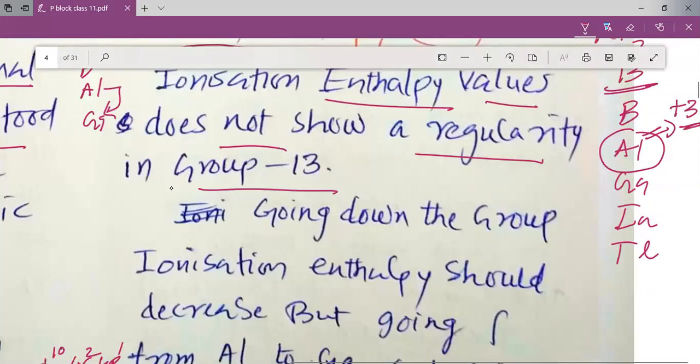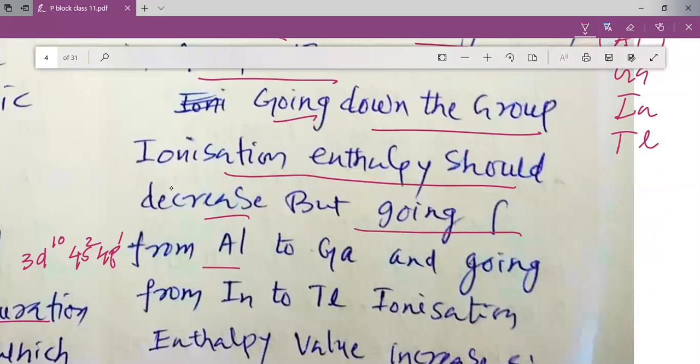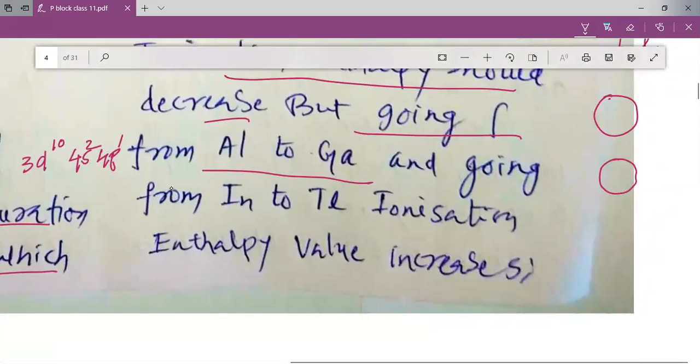Now let us understand it well. Going down the group, ionization enthalpy should decrease. But going from aluminium to gallium, as you know the size of aluminium is bigger than the size of gallium, and that is why gallium cannot lose electrons easily.